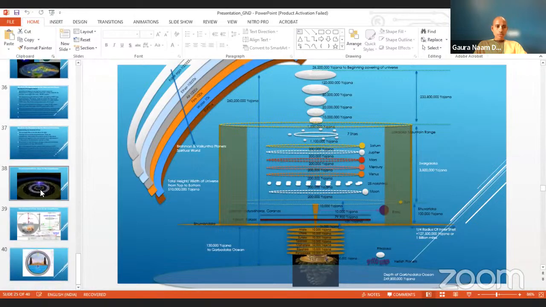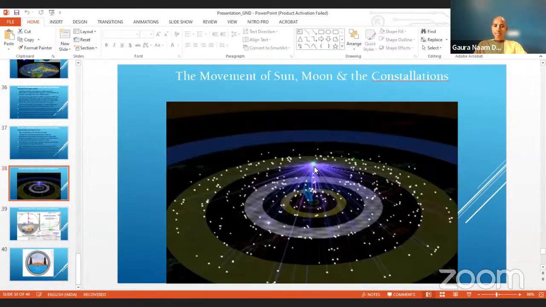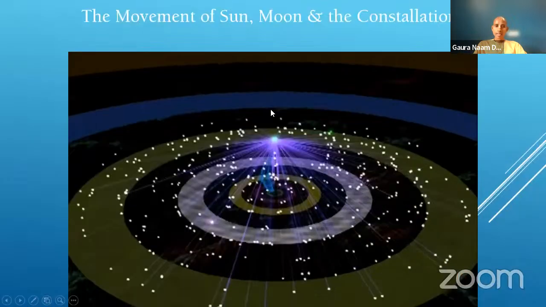Here, how we can imagine this is that Dhruva Loka is the pole star, and all the stars are like a chandelier. If a chandelier is tied at the top and is rotating, all the elements will also keep rotating.